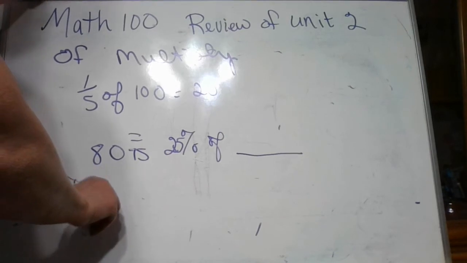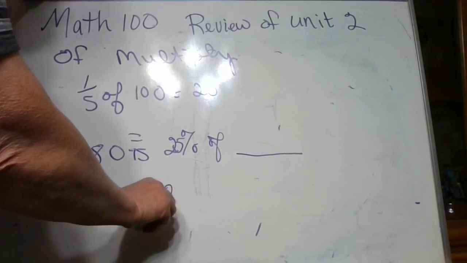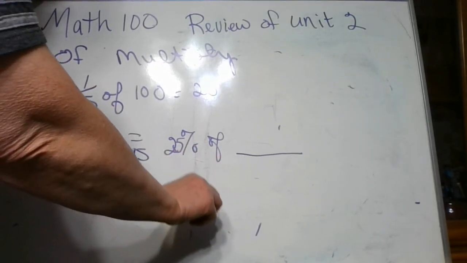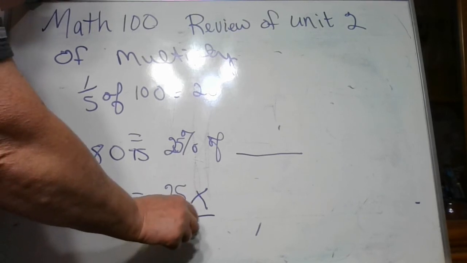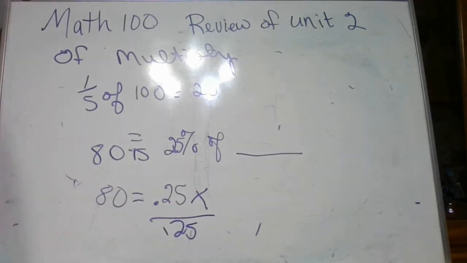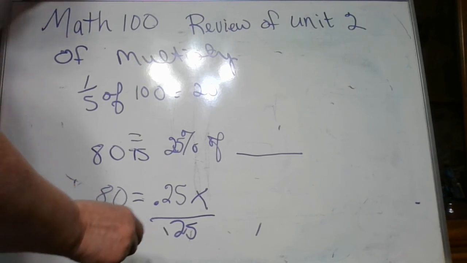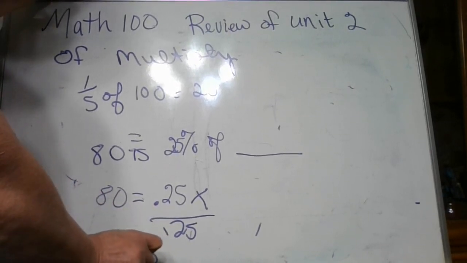Remember, is means equal. Then you would say 80 equals 0.25 of means times x, which would be our unknown. Then you would divide both sides by 0.25, which would be 80 divided by 0.25, which is equal to 320. So x would be 320.